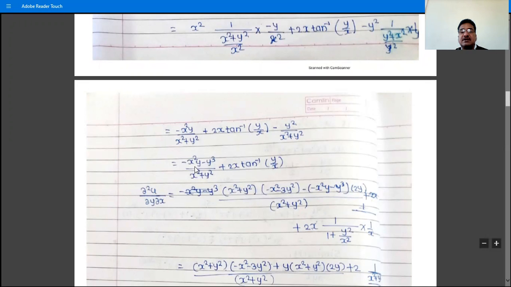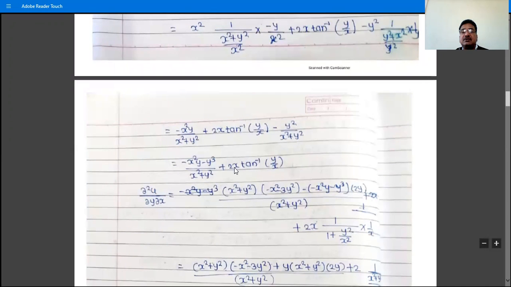Minus x square is constant, so the derivative of y is 1, and minus 3y square. The derivative is with respect to y. Minus then u derivative of v, which is 2y, divided by x square plus y square, whole square, v square.